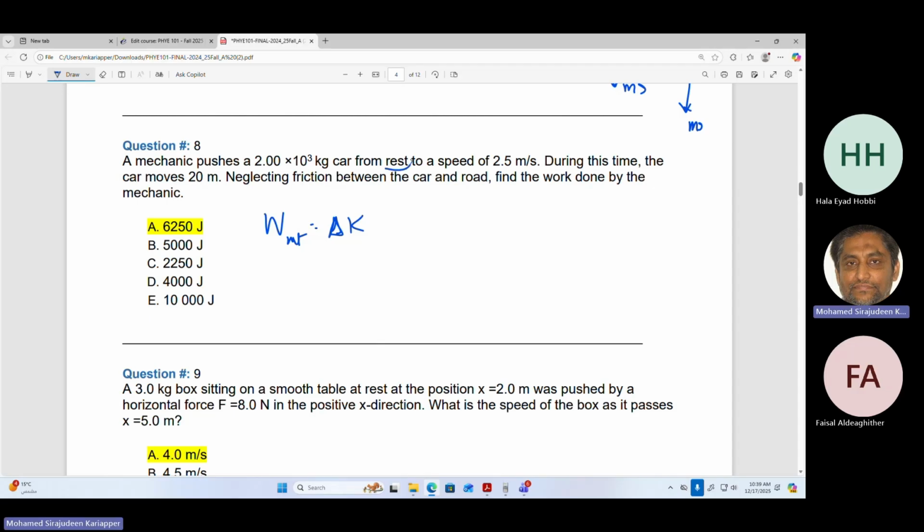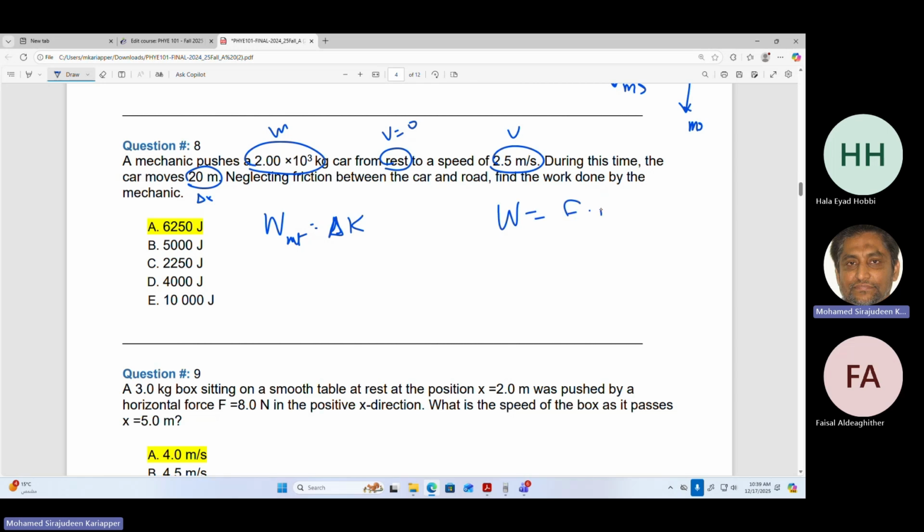which has an initial velocity of 0 and final velocity of 2.5 meters per second, and the mass of the car is this, and it is moved this much distance, say along the x-axis. What is the work done? So we don't have the forces to calculate the work done by the force.